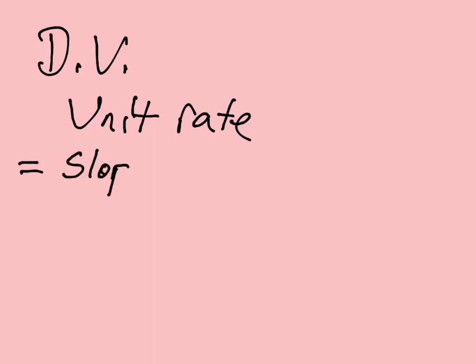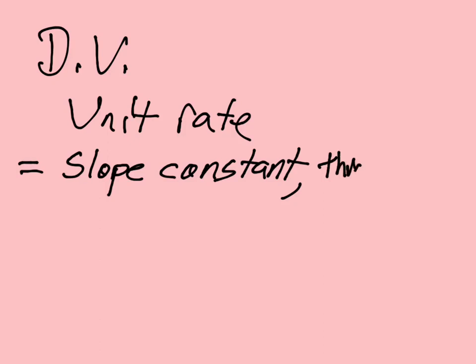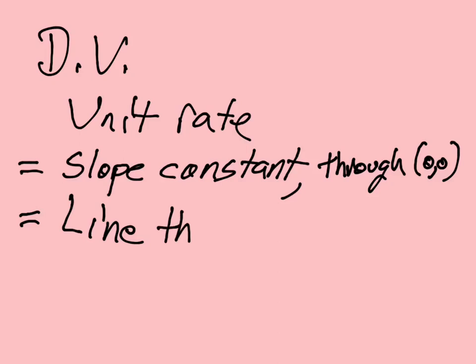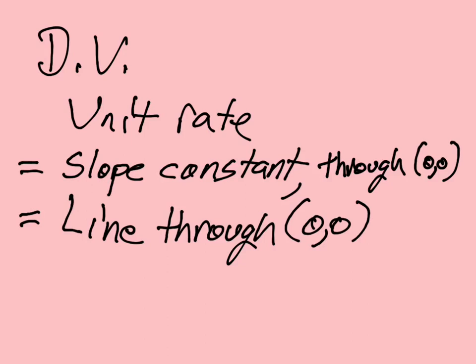slope constant and through 0, 0, which is our origin, which is the same thing as having a line through 0, 0, which is our origin.